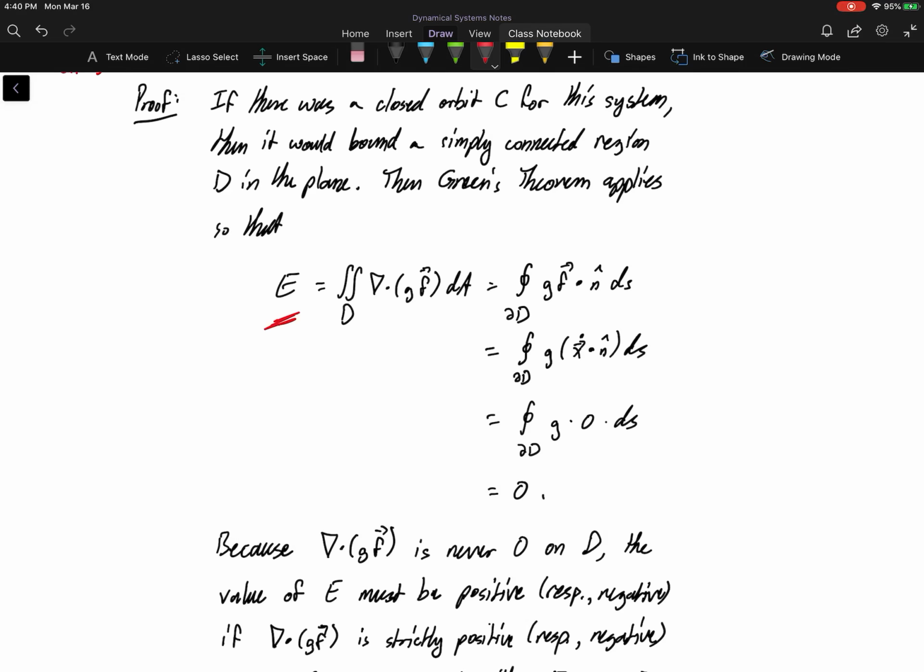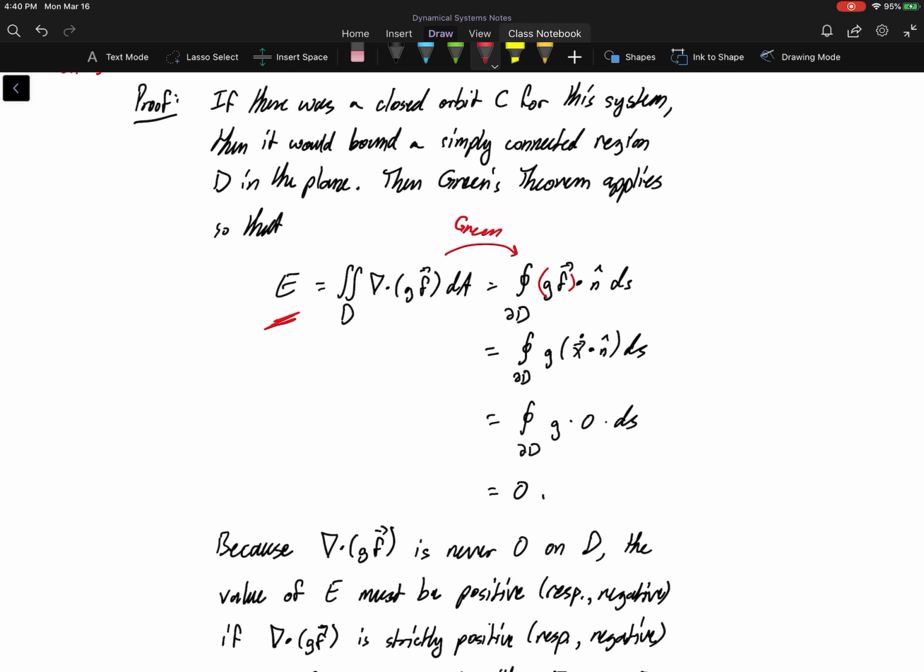I can use Green's theorem to say that this is the same thing as taking the outward normal flux integral of G times F. So I'll even put little parentheses around that.